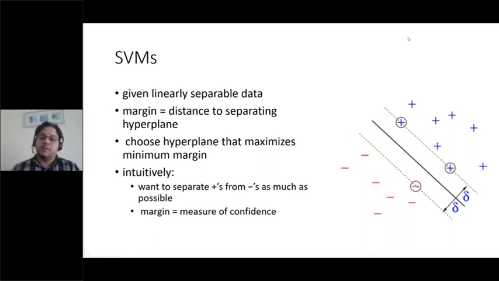Sorry, a quick question. When you say you want to maximize the margin, is that because you want to be able to discriminate quite easily, or have a high discriminatory power between those two data sets? Exactly. We want higher confidence in discrimination, in making the difference.